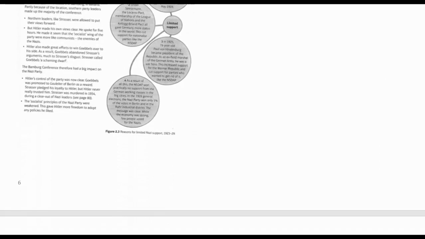And then you've got some space to write some notes about how the Nazi Party changed and developed in the 1920s. Now, again, you don't have to do it on this piece of paper because you could do it on your own little notepad or whatever you're using.